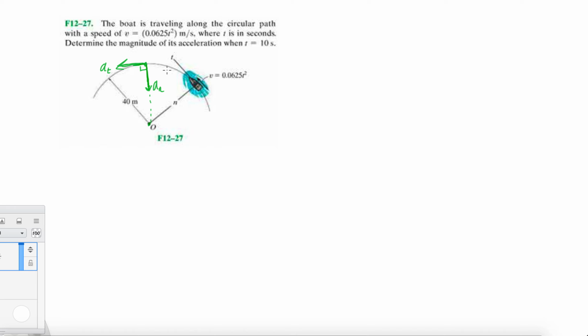All right. So we're trying to get the magnitude of the acceleration when this boat is at t equals 10 seconds. In order to get magnitude, we do what we typically do, and we just need to calculate this. How will we go about it? Well, first they give you velocity, so it's 0.0625 t squared.